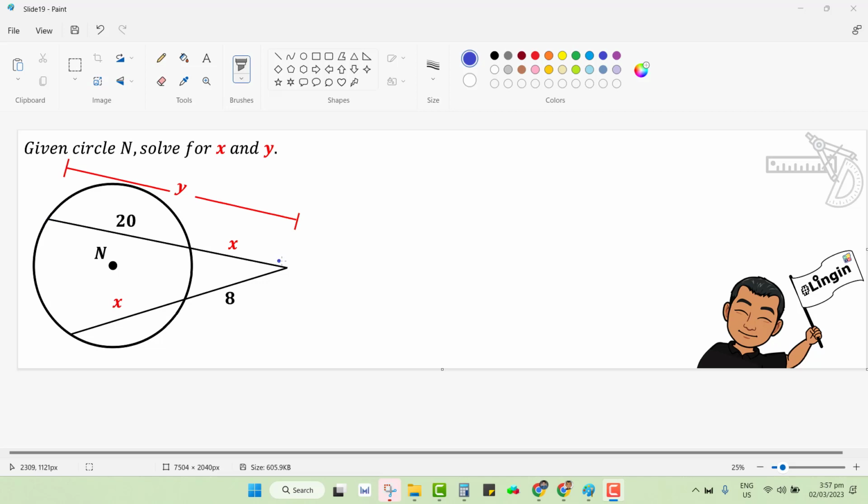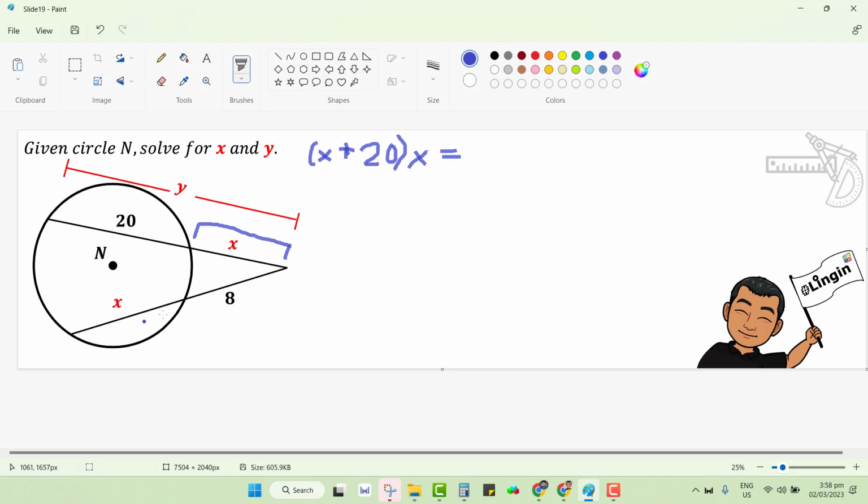so the entire secant segment, let us use here x plus 20, or 20 plus x, using the commutative property it's just the same, times the exterior segment, which is x, is equal to the same computation on the second secant segment.